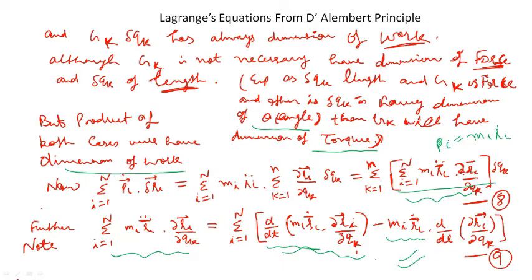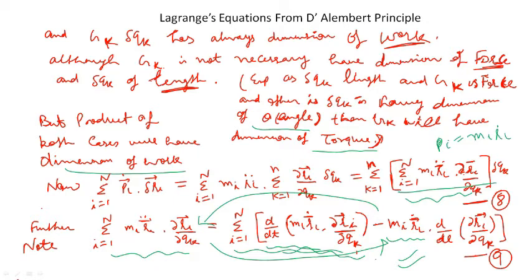Now because it will be in plus, when we write this on the right side, it will become minus. Means if we find the value of this term, then it will be like sigma i is from 1 to capital N mi ri double dot del ri over del qk plus mi ri dot into d over dt del ri over del qk.